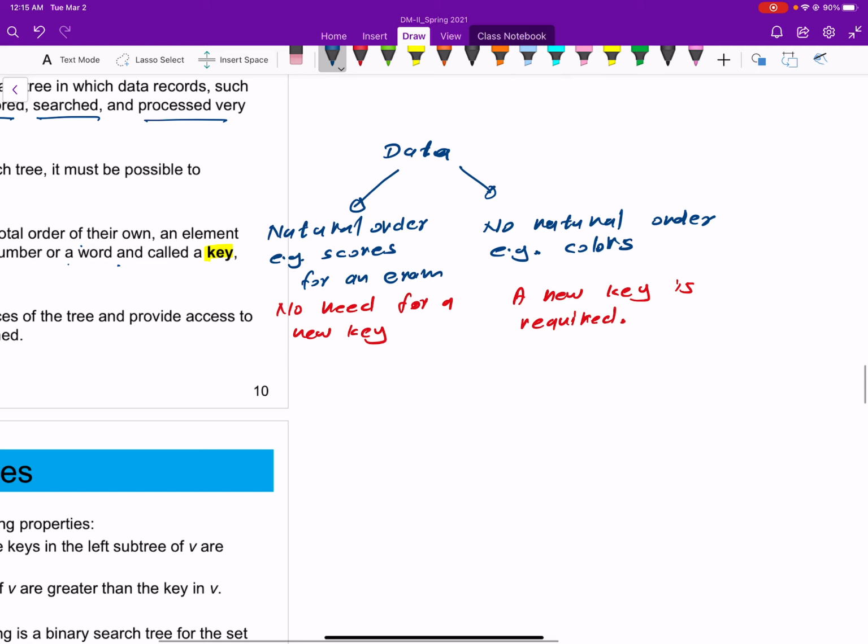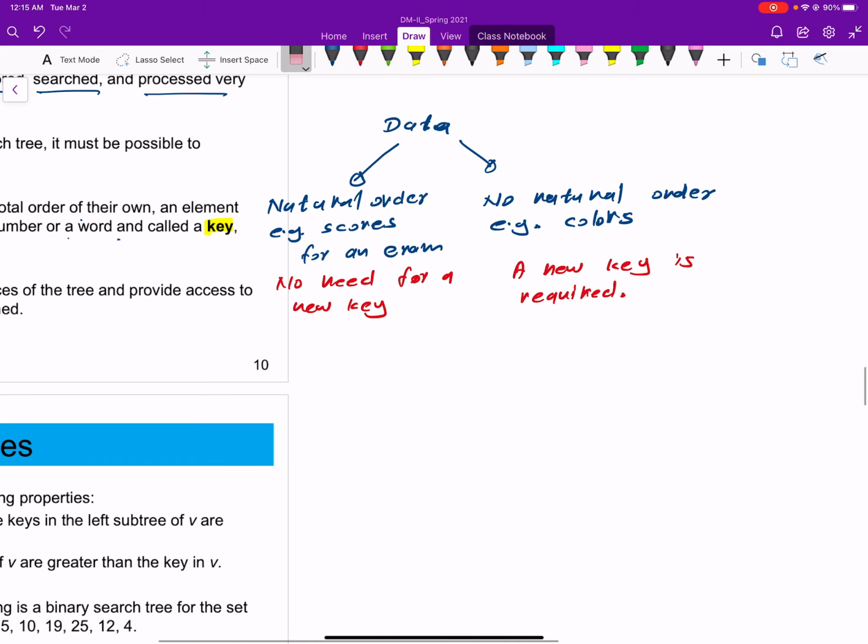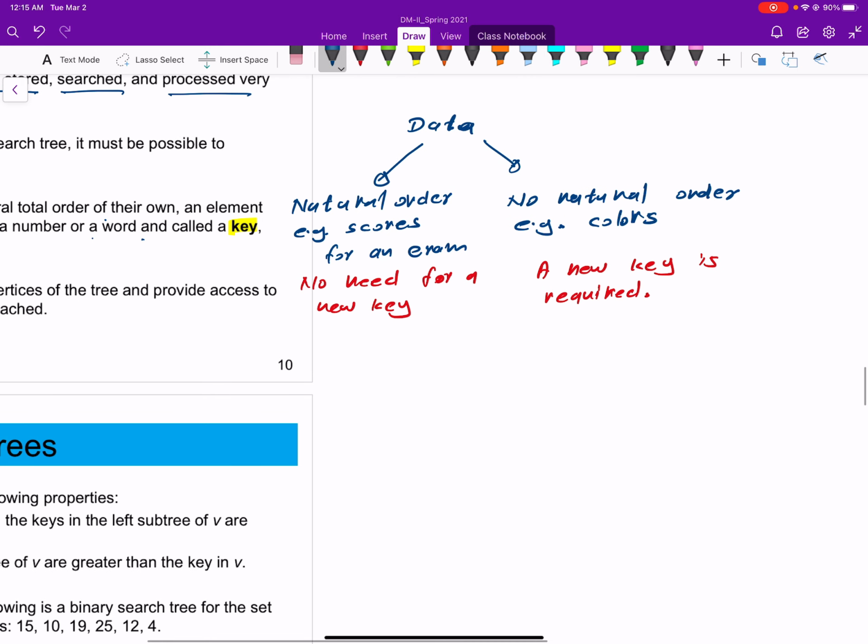Since you provide a key for a set of items which are not naturally ordered, you can refer to them by the key. Here, let's say the scores 70, 80, 35, 90. These are the scores of 4 students in the class.